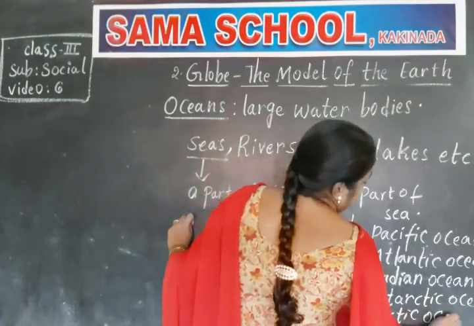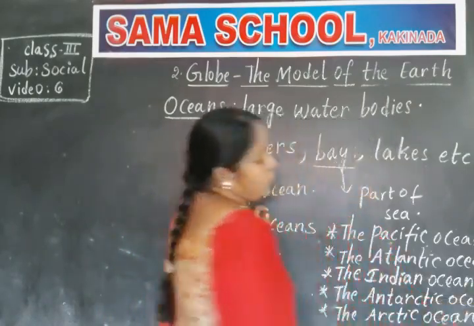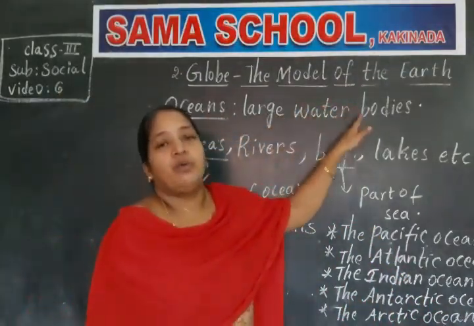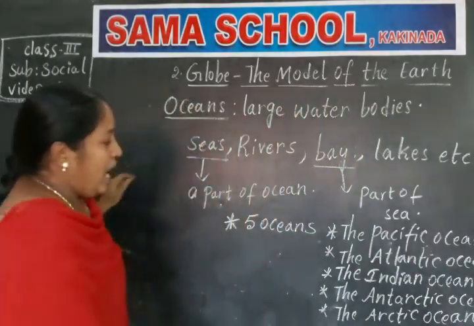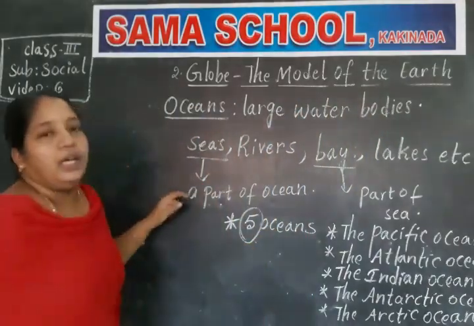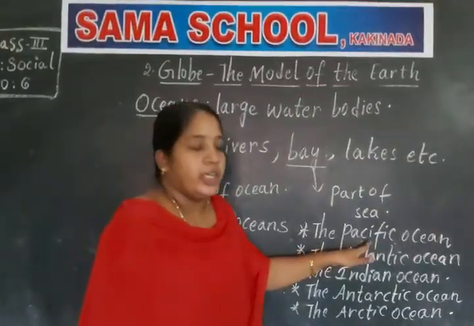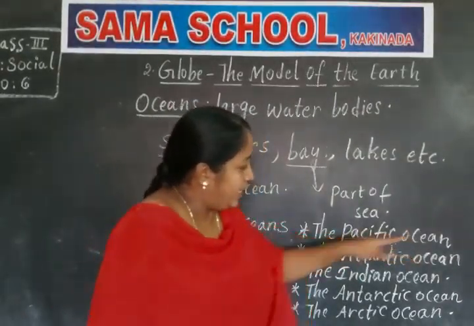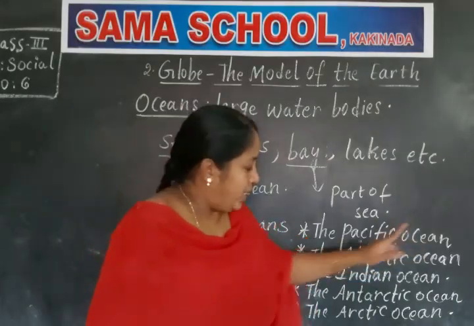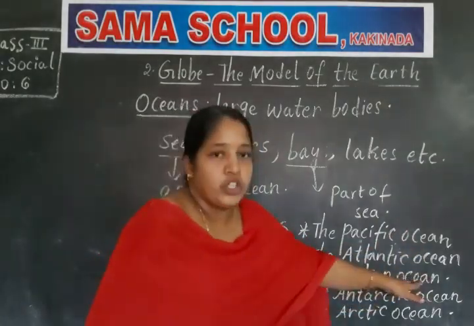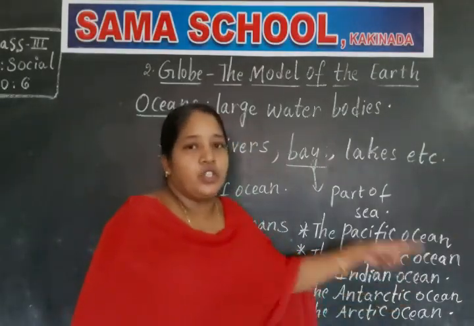Arctic Ocean. What is ocean, children? Ocean is nothing but a large water body. How many oceans are there on the earth? There are 5 oceans on the earth. What are the 5 oceans? The Pacific Ocean, the Atlantic Ocean, the Indian Ocean, the Antarctic Ocean, the Arctic Ocean.